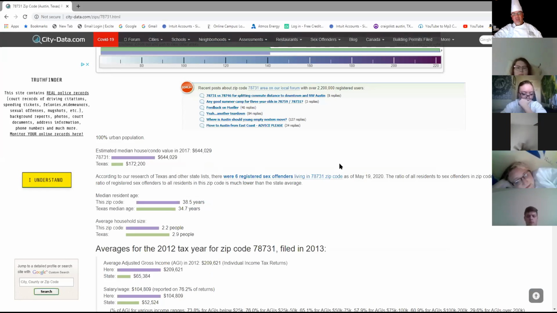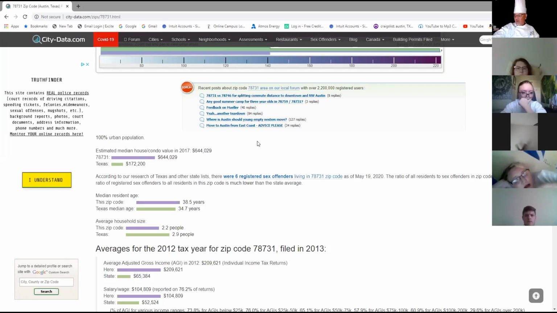So on this zip code, 78731, you're going to have a project here. Estimated house condo value: you're looking at about $644,000 for a house.